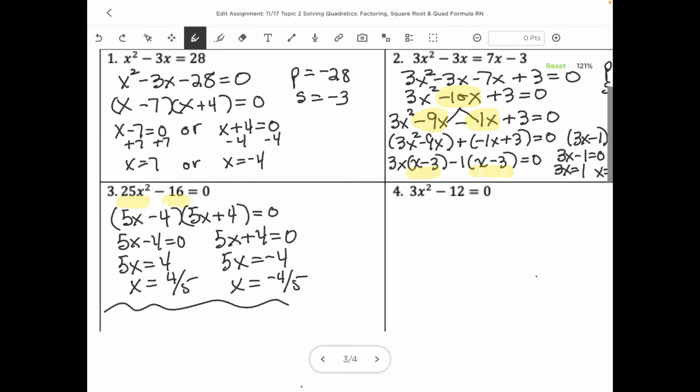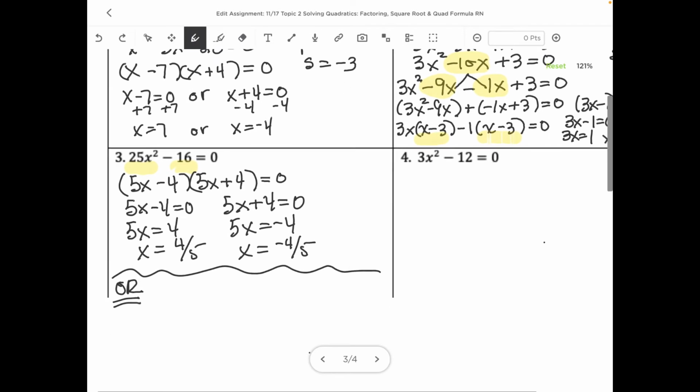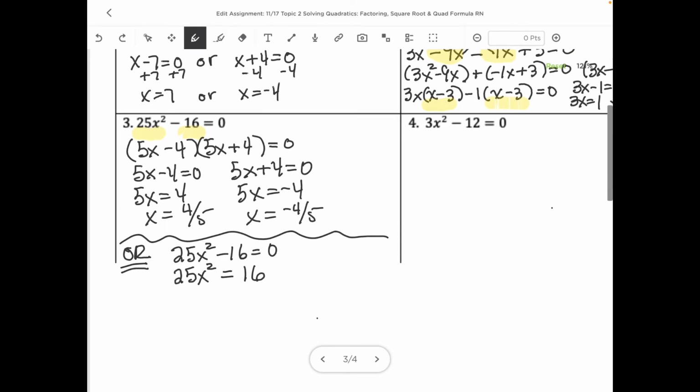What if you had chosen to do solving by square rooting? So I'm going to put a big OR. If you're going to choose solving by square rooting, it would look like this. 25x squared minus 16 equals 0. You're going to leave the square term on one side and put the constant term on the other side.